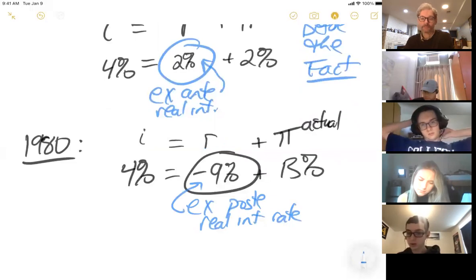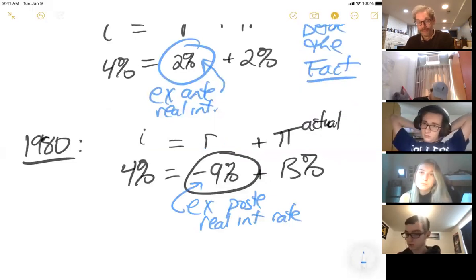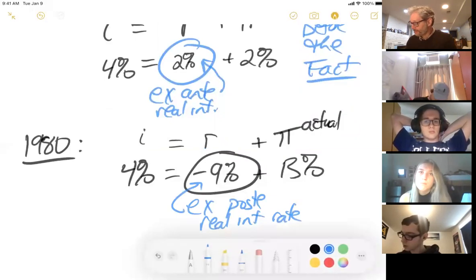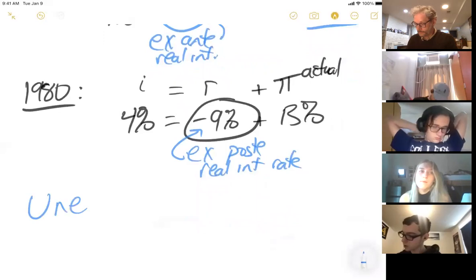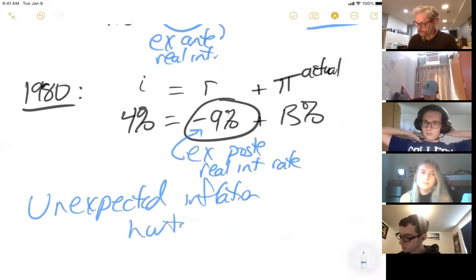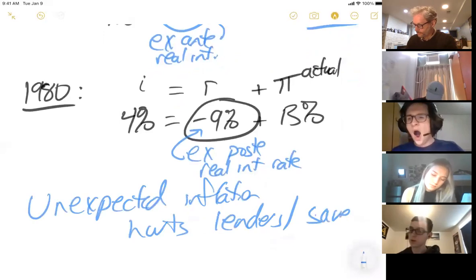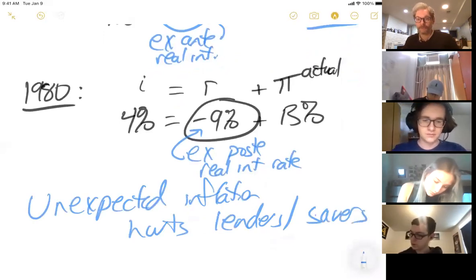The bank lost a ton of money on this loan. In real terms, they got decimated. And that, of course, is the theme of this example: unexpected inflation hurts lenders and it hurts savers.